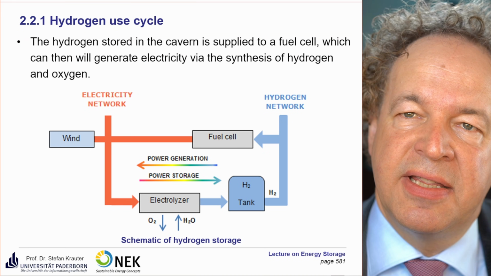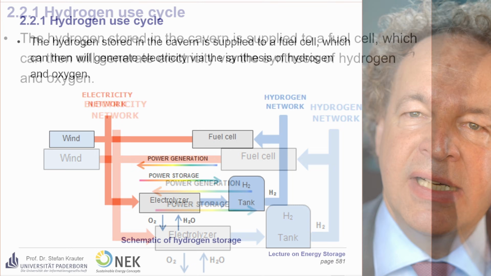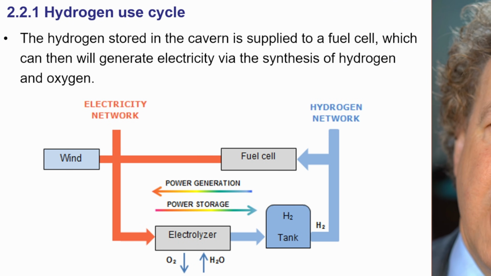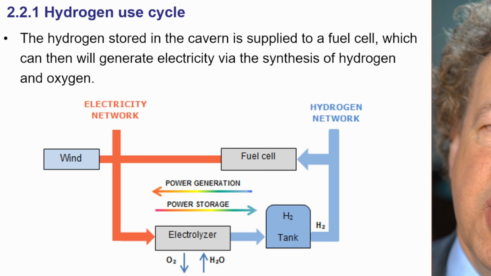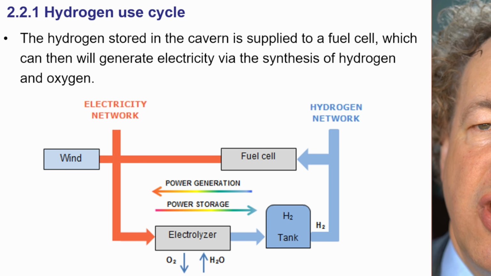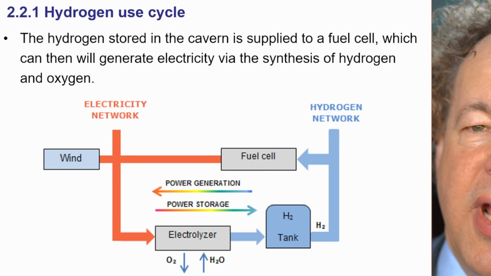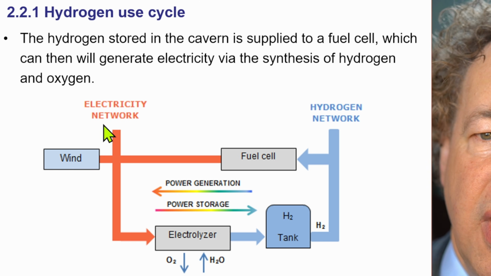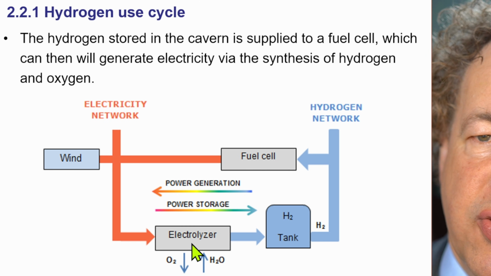Let's take a look at the hydrogen use cycle. The hydrogen from the storage or the cavern is supplied to a fuel cell, which will generate electricity via synthesis of hydrogen and oxygen. Usually the oxygen is taken from the air. So we have wind or solar. This is supplied to the electrolyzer.